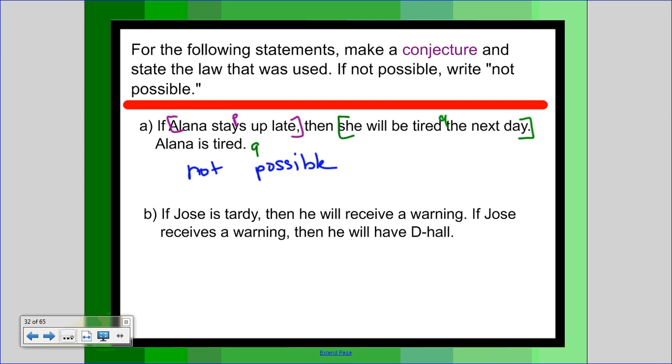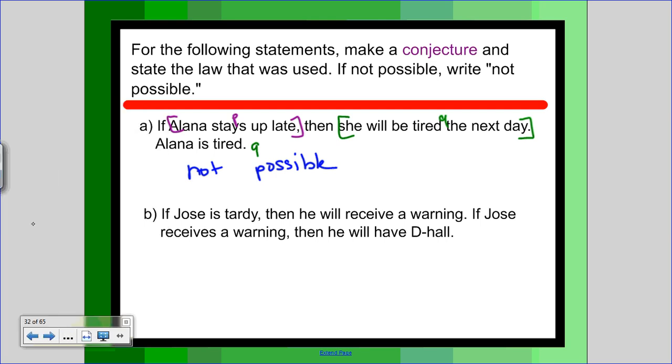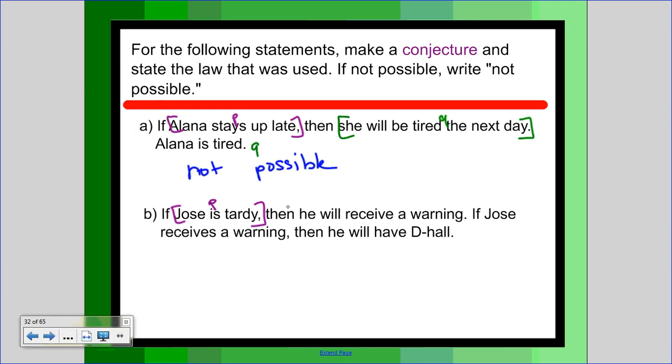All right, let's look at B. If Jose is tardy, then he will receive a warning. In that first sentence, the hypothesis, Jose is tardy, is P. The conclusion, he will receive a warning, is Q. The second statement says, if Jose receives a warning, I saw that before.